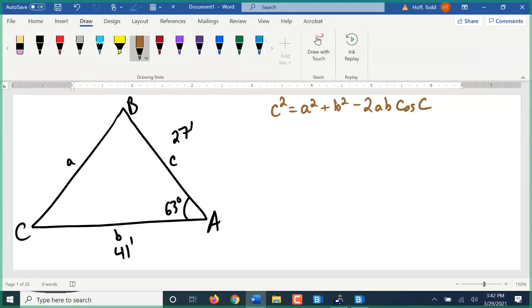What do I do? I'm going to relabel this so this is angle C, which means I have to relabel this probably as angle A. I have to change the sides, so this will be side C and this will be side A. Now my angle is angle C, and I'm trying to find side C. So you couldn't just do A squared equals C squared.